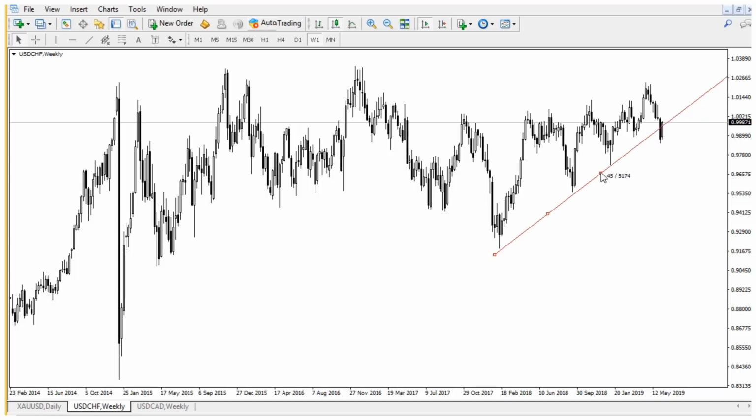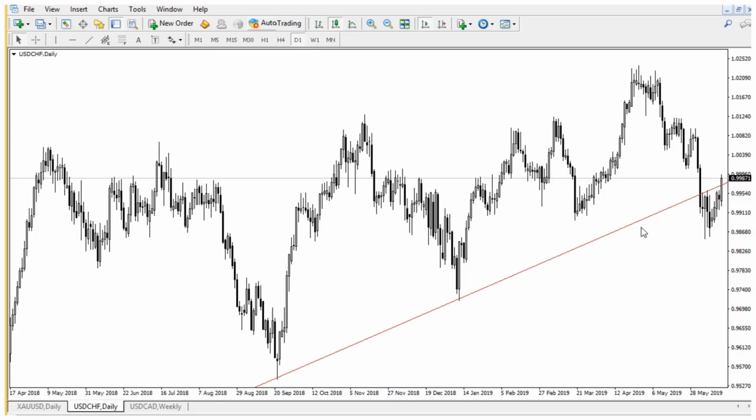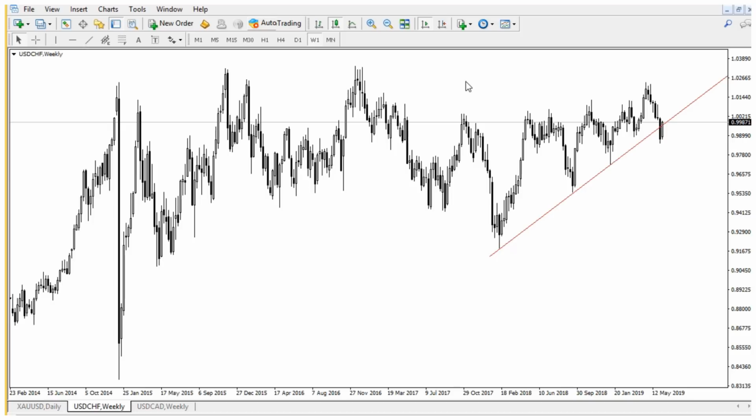But when I connect it over here, I have 3 touches, which confirms a trend line. Looking over here, we can see that there is a false break somewhere if you pull down to the daily time frame. But then let me add the resistance level before we go further.